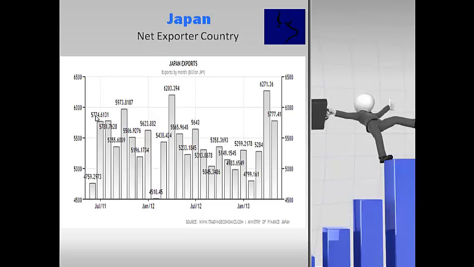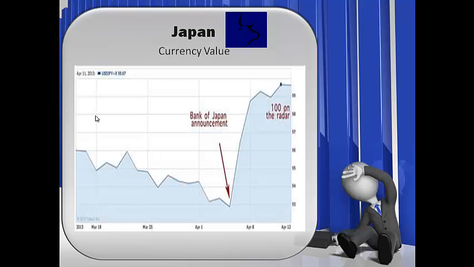So they want to keep it lower than the US dollar. That's the principle. That's the first thing we need to know.